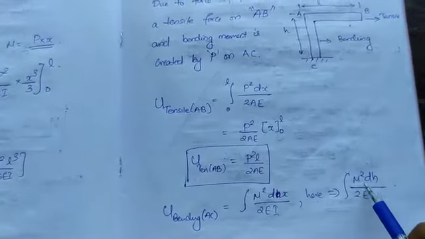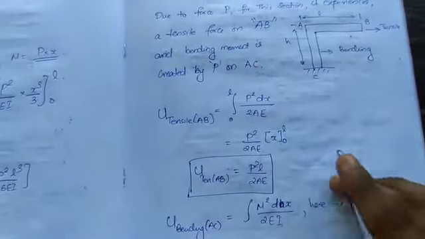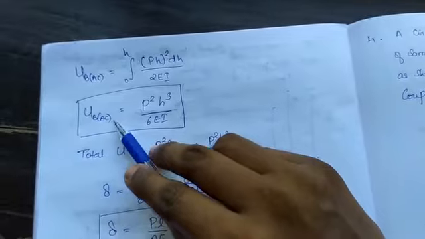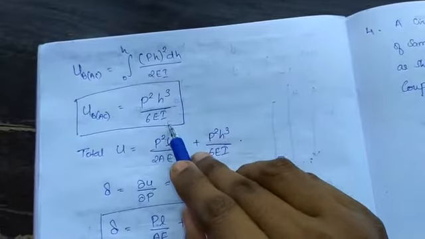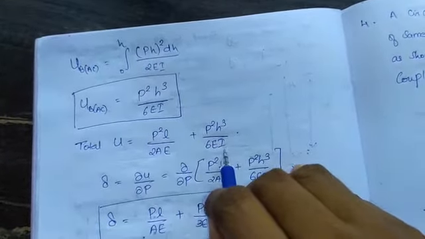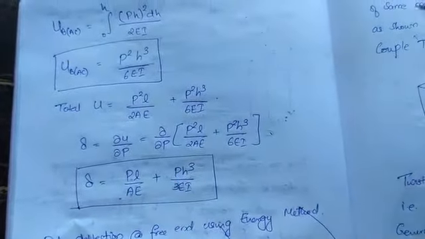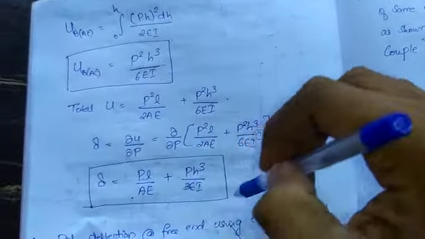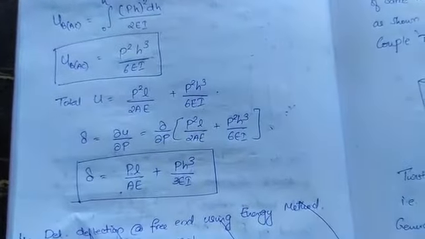Here M square dh by 2EI, because this length is h, where the limit ranges from 0 to h. So strain energy due to bending on AC will be P square h cube by 6EI. Total U will be P square L by 2AE plus P square h cube by 6EI, and deflection will be dou U by dou P. So this is the total deflection for a member having bending as well as tensile stress.